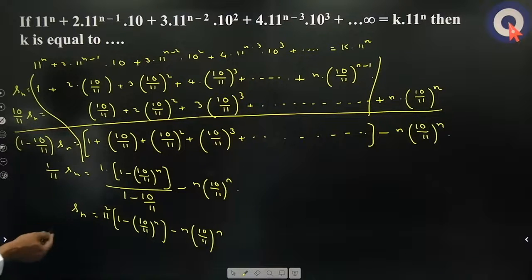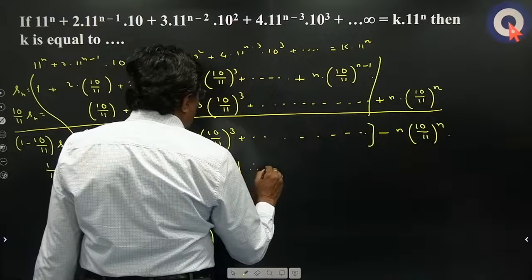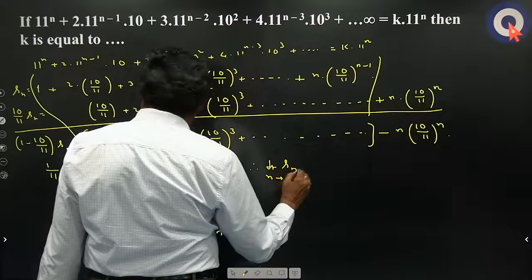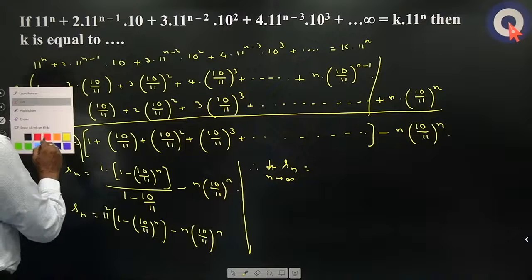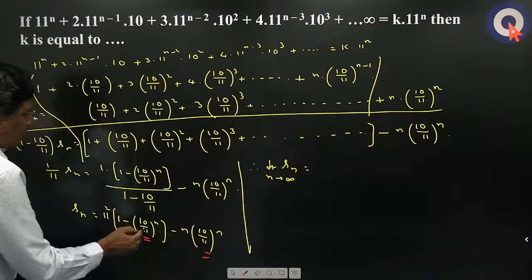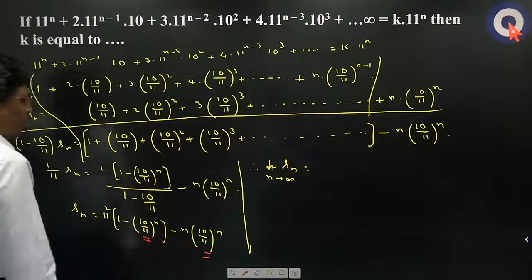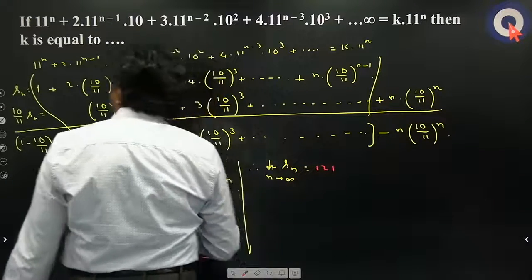We need to get the sum to infinite number of terms. So the limit of Sn as n tends to infinity is equal to, now you can see as n tends to infinity, this becomes 0 and this becomes 0, because this is lying between 0 and 1. So you have 11 square into 1, and this is 0 anyway. So what you get is 11 square, which is 121.